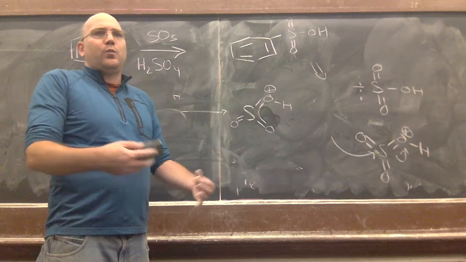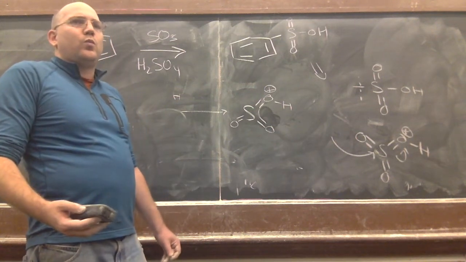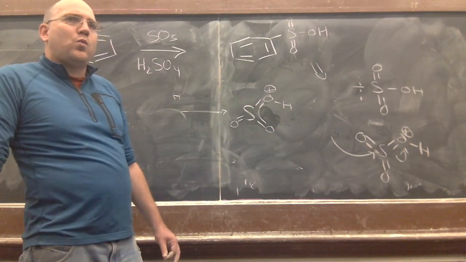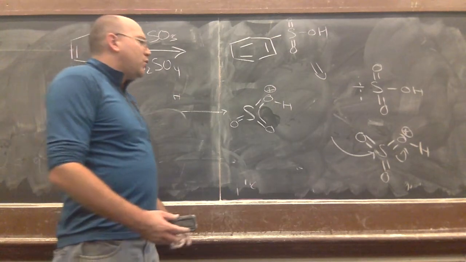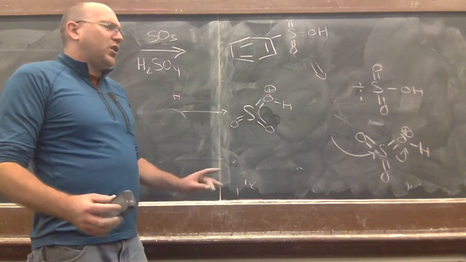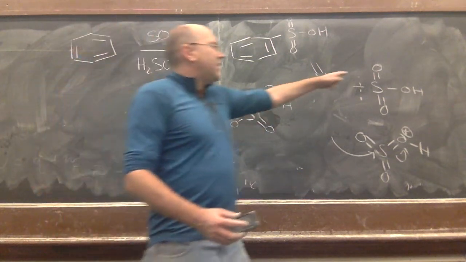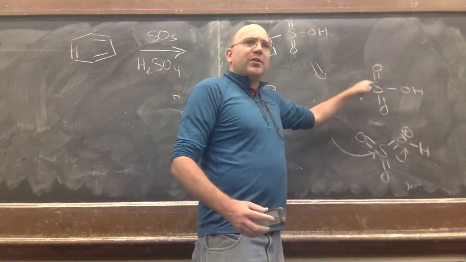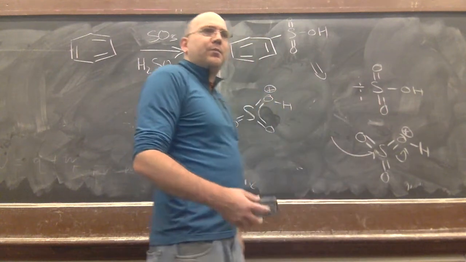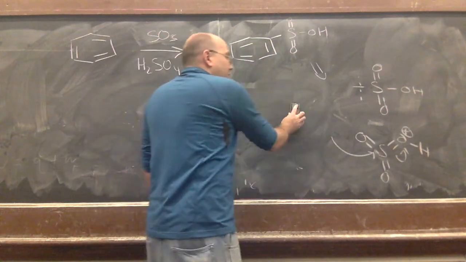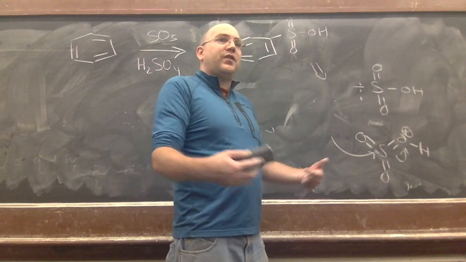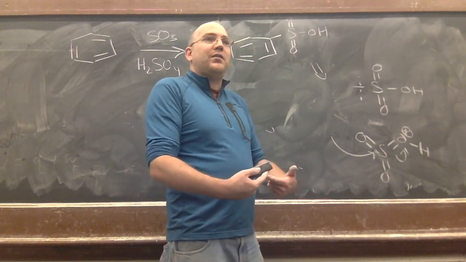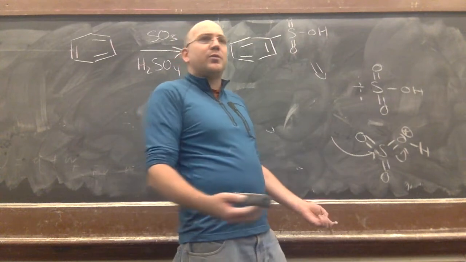I know it can do that, but wouldn't that make it more electron rich than if it kept the octet? Let's talk later, because if anything, it would be more electron poor, because we're pulling electrons away from it. Oh, okay. Now what you're saying probably depends on the nature of the groups. If you have more donor groups, maybe, but in this case you've got two electron withdrawing groups.